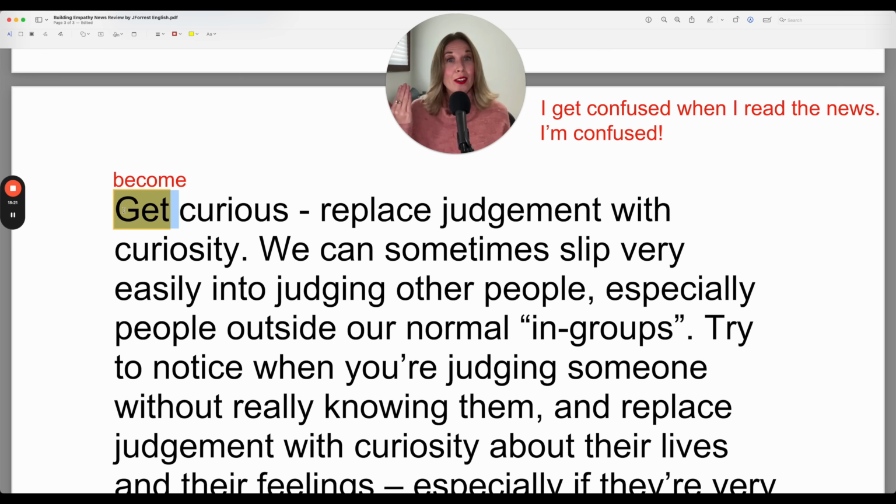We just talked about it. It's not the gerund. It's the imperative. It's the base verb because this article is providing this as an instruction to you. Get curious. That's the advice to you. Now, to talk about this transition, you might say, I get confused when I read the news because there are so many expressions and words that you don't understand.